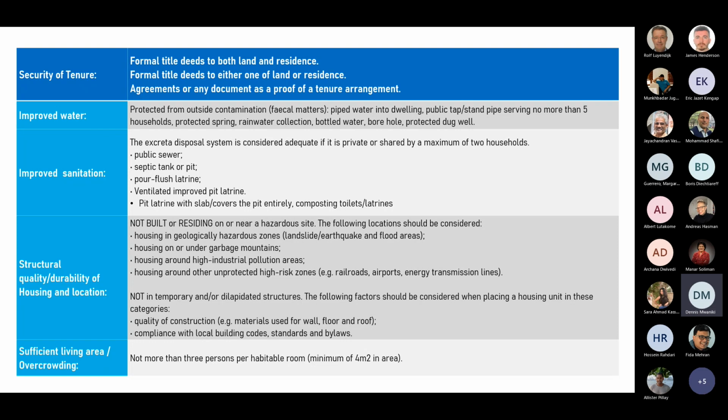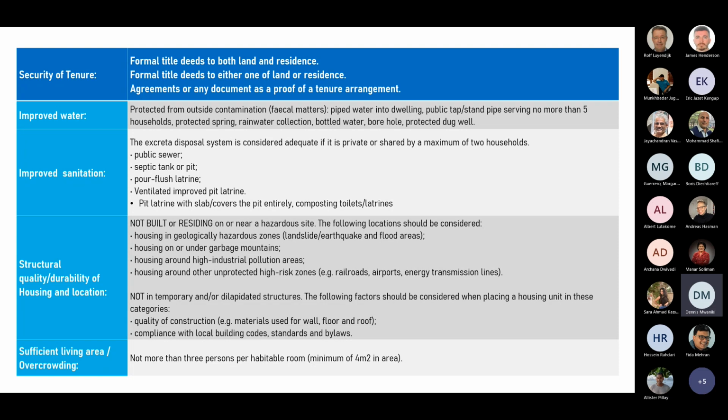Interestingly, on the structural issues of the household, we look at the location of the houses, whether they're located in hazardous places, or whether the materials used to construct that house are durable. Again, here I want to emphasize the issue of the local context, because some materials that might be culturally acceptable or durable in one context would vary.